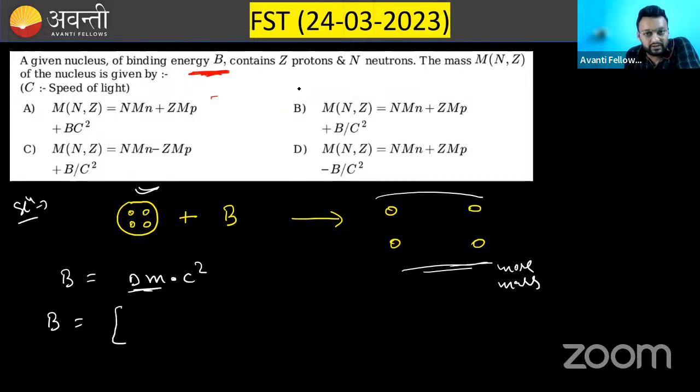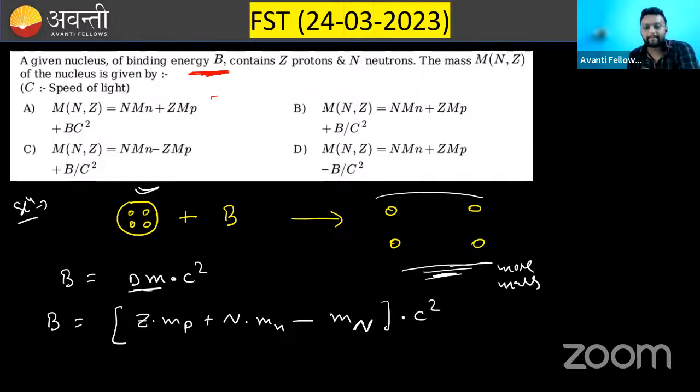There are Z protons and N neutrons. So Z into mass of proton plus N into mass of neutrons. This is the mass of this portion minus mass of the nucleus, where capital N represents the nucleus, into C square.